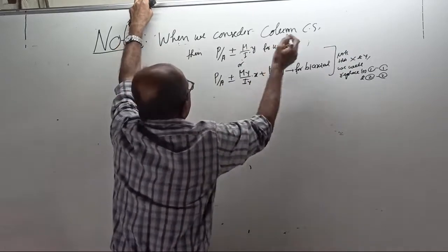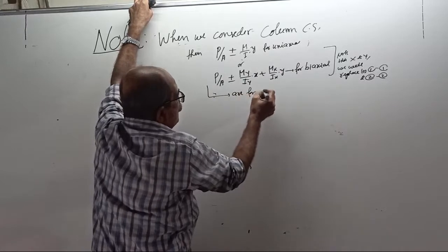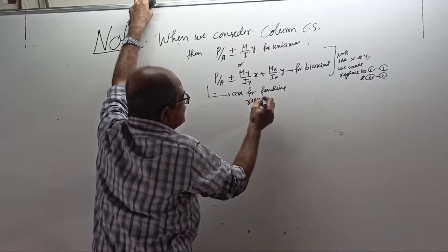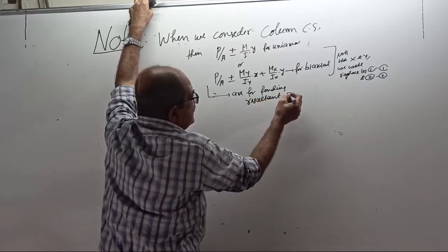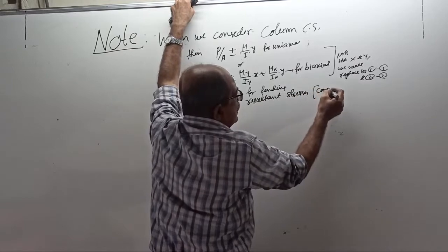These expressions for a column are for finding resultant stresses. Our sign convention is compression positive.